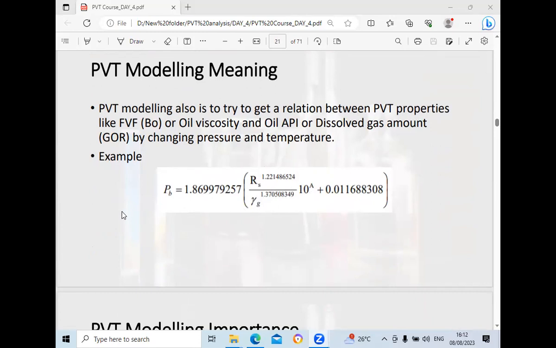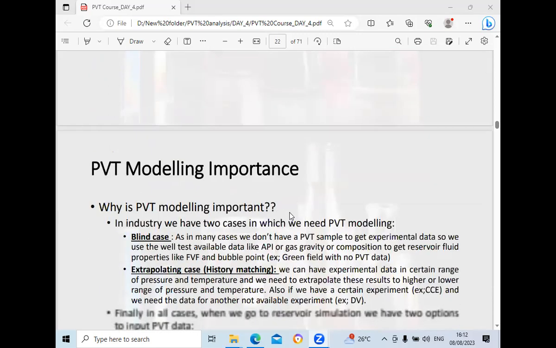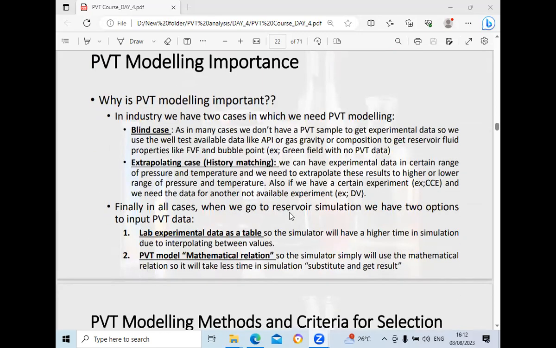So this is an example of a correlation. There are so many correlations that exist to calculate the formation volume factor, viscosity, oil gravity, and all of that, which we have already seen some of them.